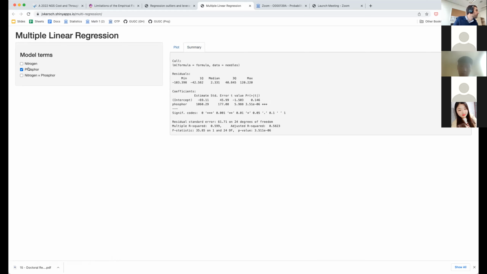If we go back just for a second to the model only with phosphorus, then indeed the intercept here is not significant. P-value of 14.6%. And we also see that borne out in the estimate. The estimate for the intercept is -69 with quite a big standard error. So the intercept is not significant.